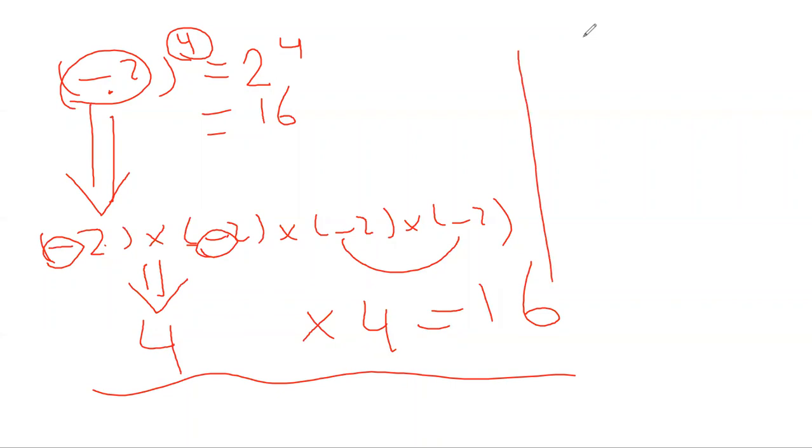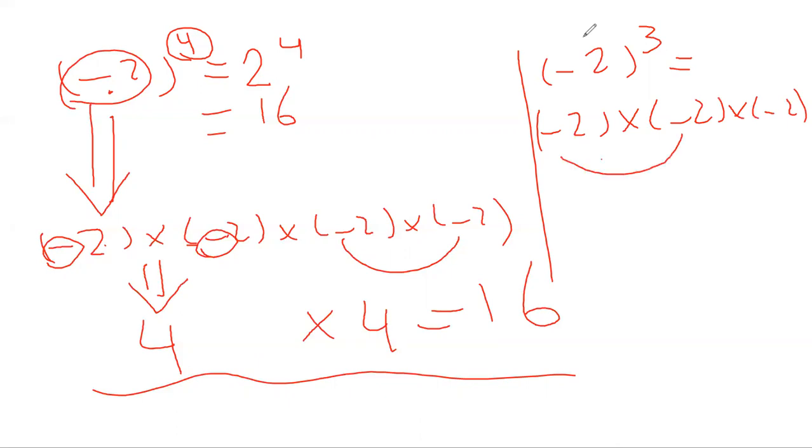Okay, that's why. But when it is odd, negative 2 power 3, it means that negative 2 is repeated 3 times. When it is repeated 3 times, negative times negative will be positive, 2 times 2 is 4. Then 4 times I still have negative 2.